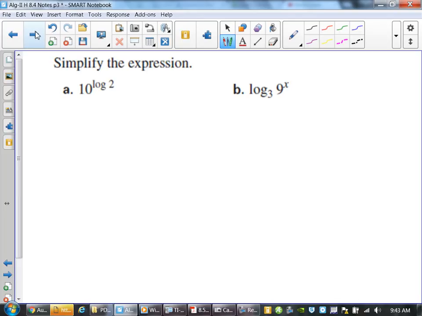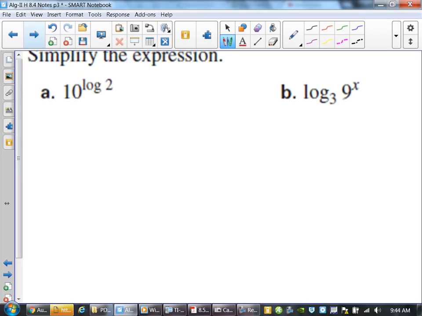If I have 10 raised to the log of 2, what's the log base that you don't see? 10. So what is your answer? 2. Your answer is 2. Are we okay with that? No. When you don't have a base, it's implied that it's base 10.